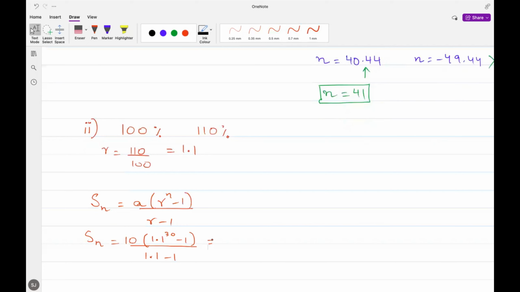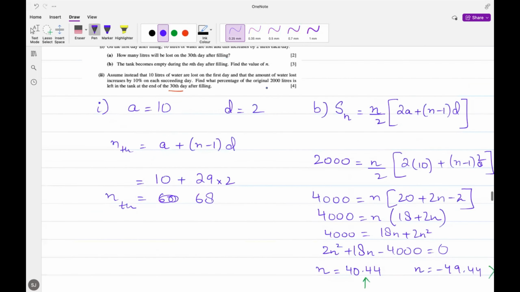Substituting this in the calculator, 1.1 to the power 30 minus 1 is 16.44, times 10, and then dividing by 0.1, the answer will be 1644.9. We round it off to 1645. So we know that after 30 days, 1645 liters of water were lost.